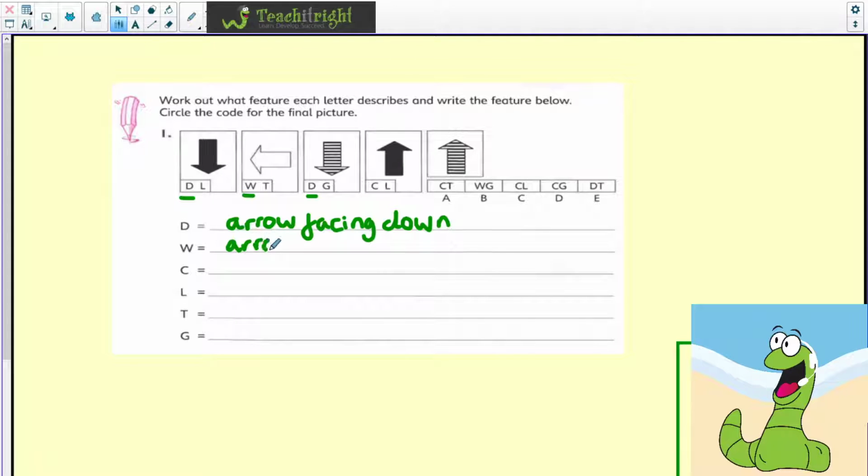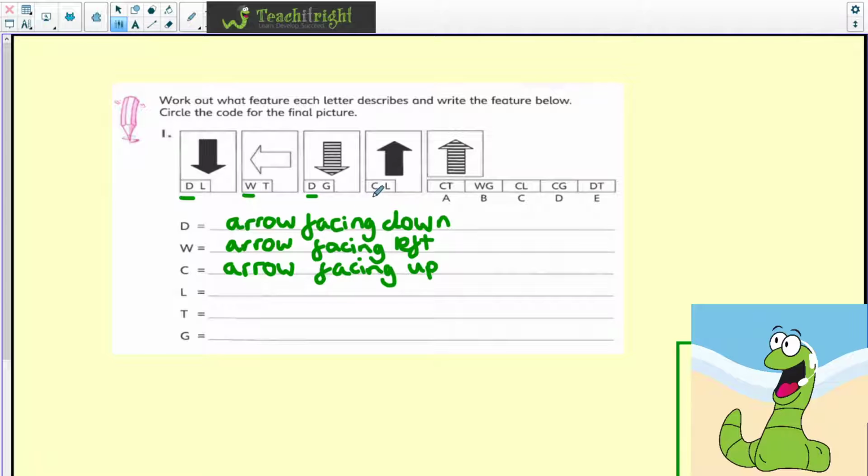So the arrow facing left. And then looking carefully at C, what have we got for C? So the arrow, if we look at this arrow here, is facing up. So arrow, you could say pointing or facing up.